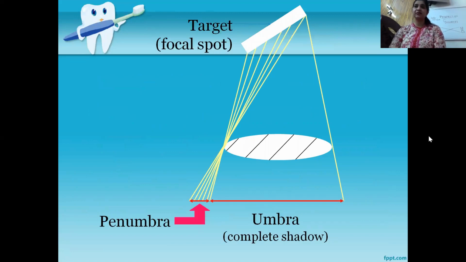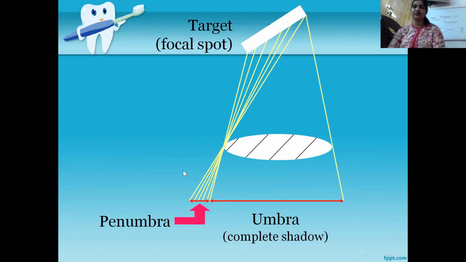Supposing this is the focal spot, and this is the penumbra. So at the edge we can see more scattered radiation, and this is the shadow that we have achieved, the complete shadow of the image.